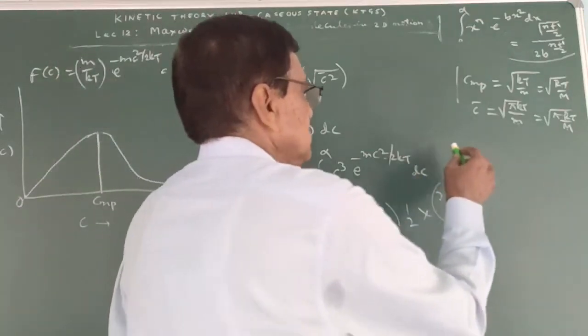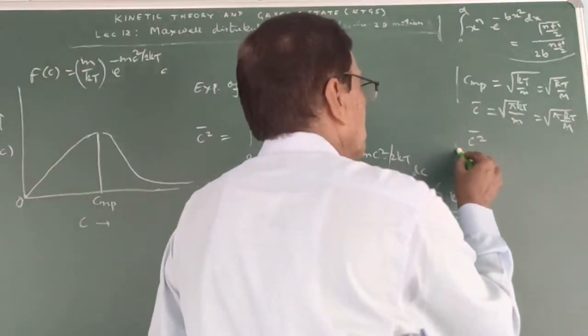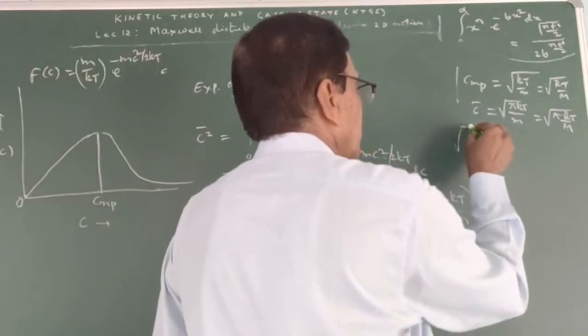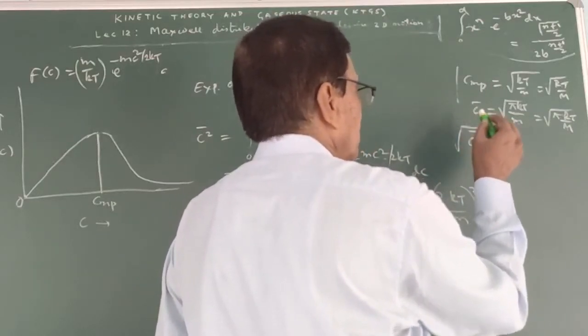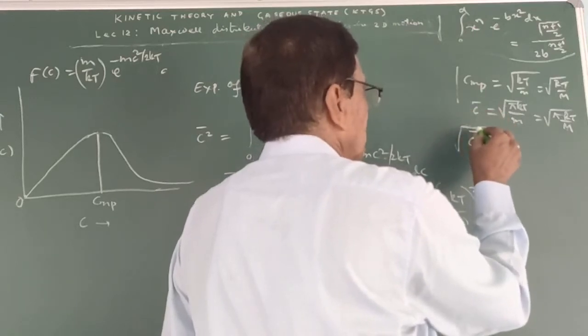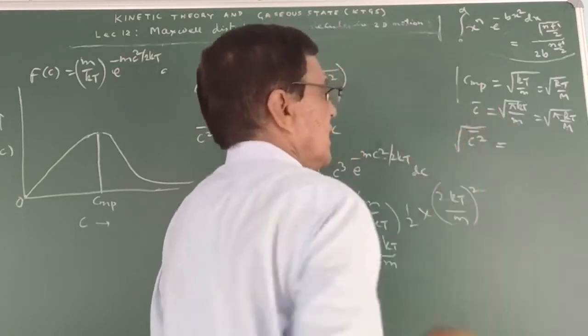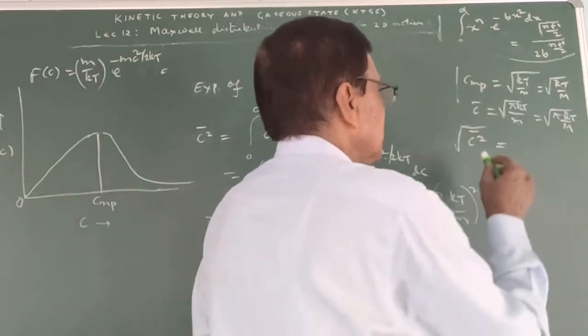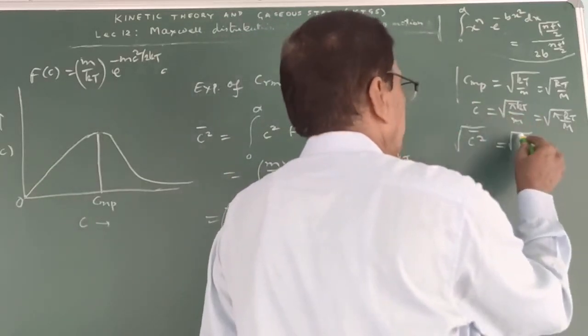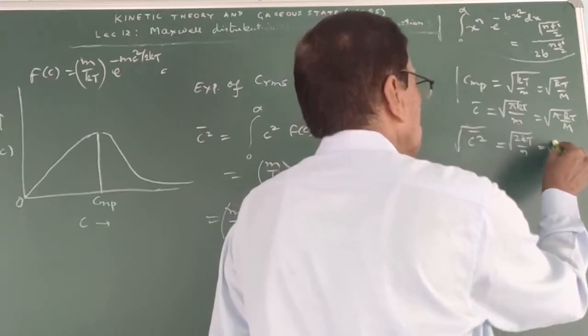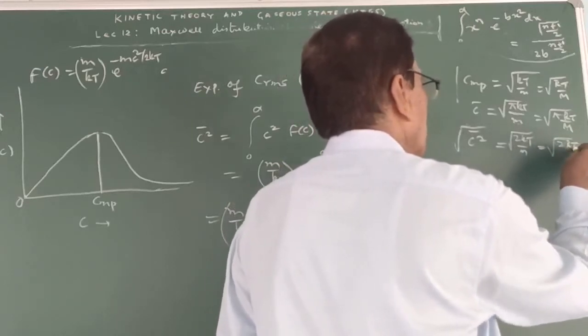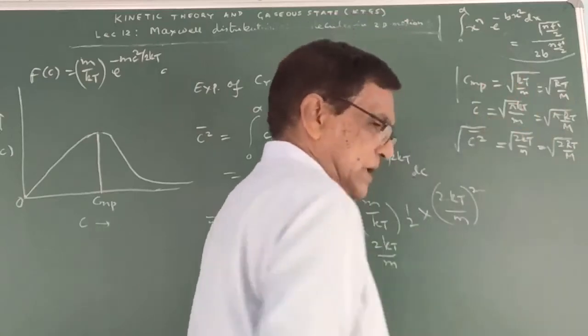So c square bar is 2kT by m, and the root mean square speed is root over of 3kT by m, which equals root over of 3RT by capital M.